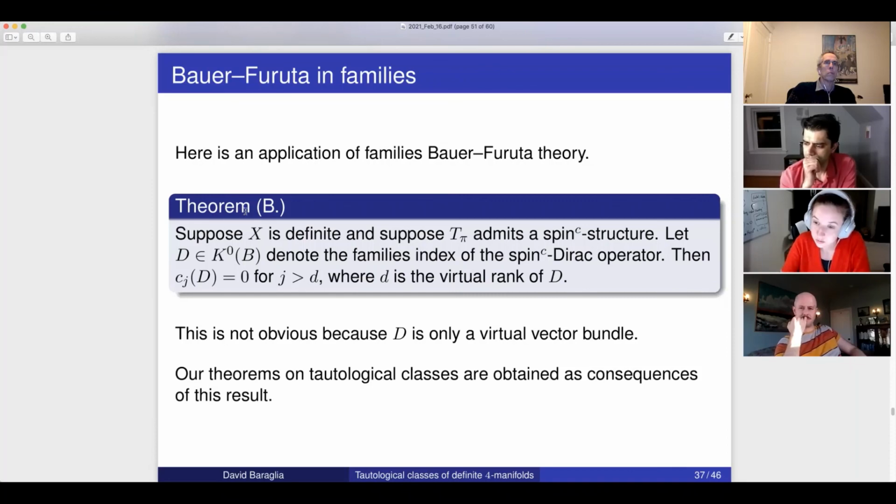So there's a version of this theorem that works without the definite assumption, but you need to assume a rather strong condition, which is that if you look at the bundle H2 plus, or actually, because I'm reversing orientation, the bundle H2 minus, you want that the Euler class of that bundle is not zero. So what's happening here in the definite case is that bundle has rank 0, so its Euler class is just 1.